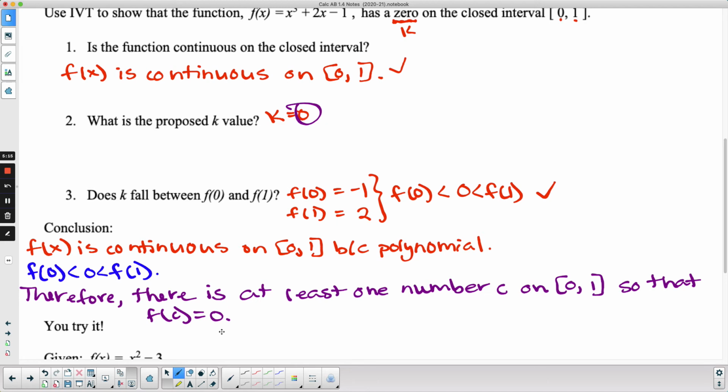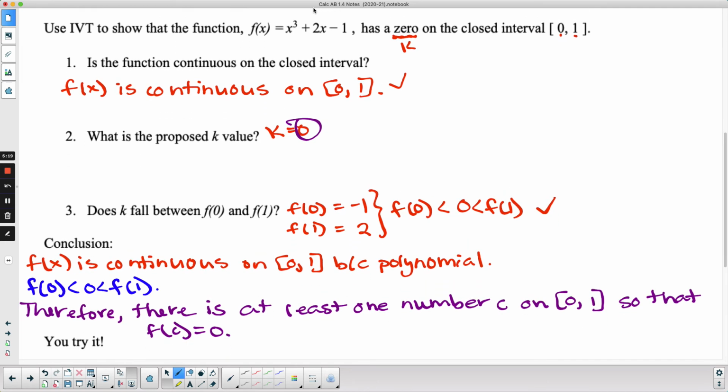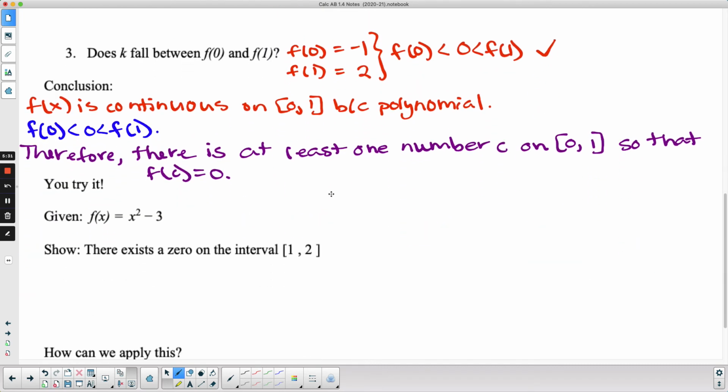Okay? And we could go and find that if we wanted to. We would just have to take our f of x equals x cubed plus 2x minus 1, make it f of c, and then set that equal to our k value of 0, and then solve for x. We won't do that right now.